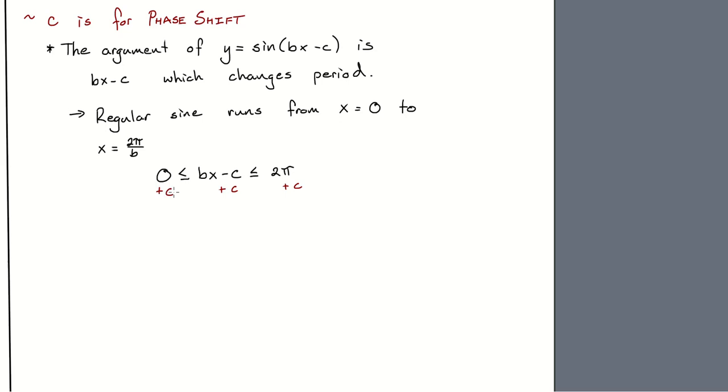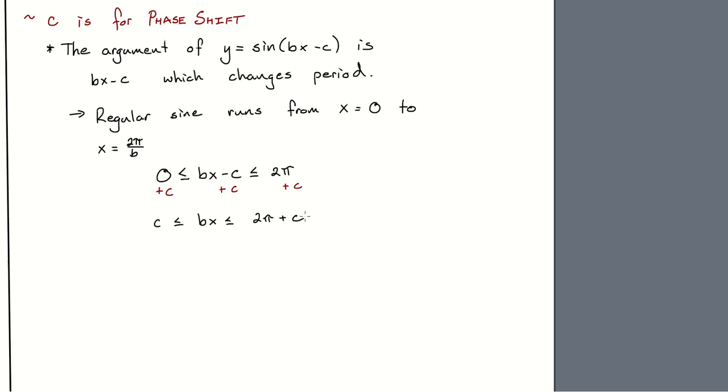I can add c to every piece, and it's the same thing. Cool? Okay, we'll take little steps with the understanding that you might not. So I wind up with c is less than or equal to bx is less than or equal to 2 pi plus c. Haven't done anything too crazy.